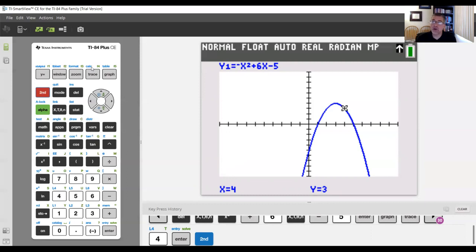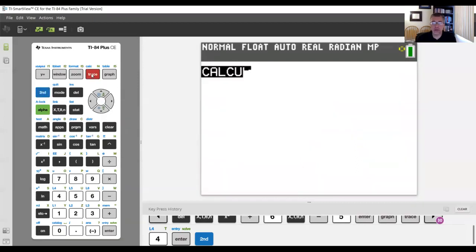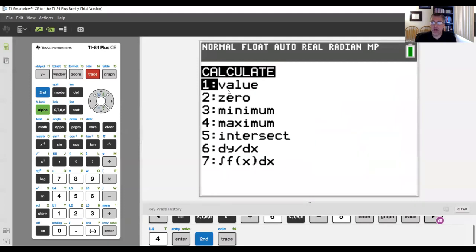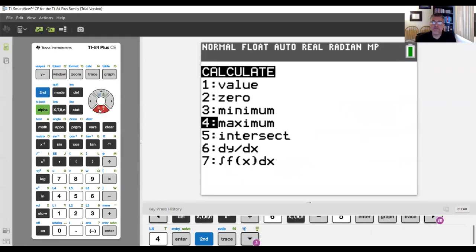And it says calculate certain values of the graph. So I'm going to go second trace, and it says calculate the maximum value of the graph. That's what I want to find. I want to find where the maximum value for this graph is. So I'm going to now arrow down to maximum.